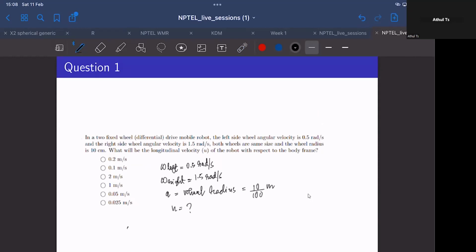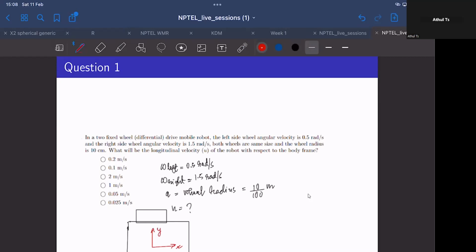It is regarding a differential wheel robot. As you might be aware, differential robots have two independently driven wheels. And if this is the body fixed frame, X and Y, we have been given the wheel velocities.